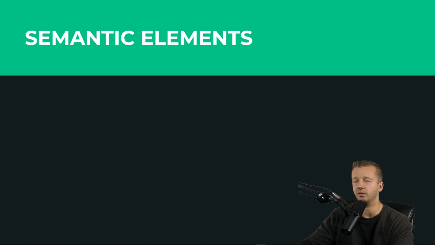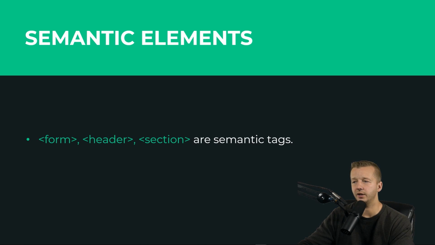All right, so let's also talk about what semantic elements are. An example of these semantic tags would be form, for instance, header, and section. You use these when you're writing your HTML to write semantic HTML. It's basically about language.